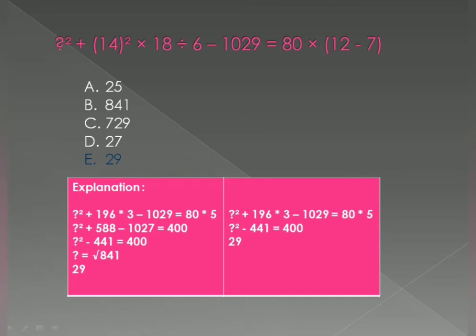Here, can you see the last, 0.441 is equal to 400? Take it to this side, and it is a question mark square, so it is a square root. You have to find the square root of 841. It is 29, so the answer is 29.